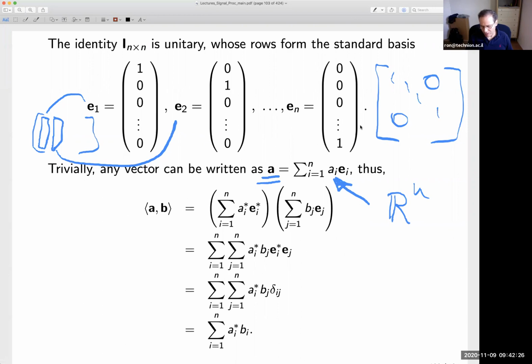Now the inner product between two vectors is nothing but the conjugate of the first vector, which I can write as such, times the second vector. Just to remind you, the conjugate of one of the elements of the identity matrix would be nothing but the transpose of this vector. So the first would be E1 conjugate, the second would be this one, etc., etc.